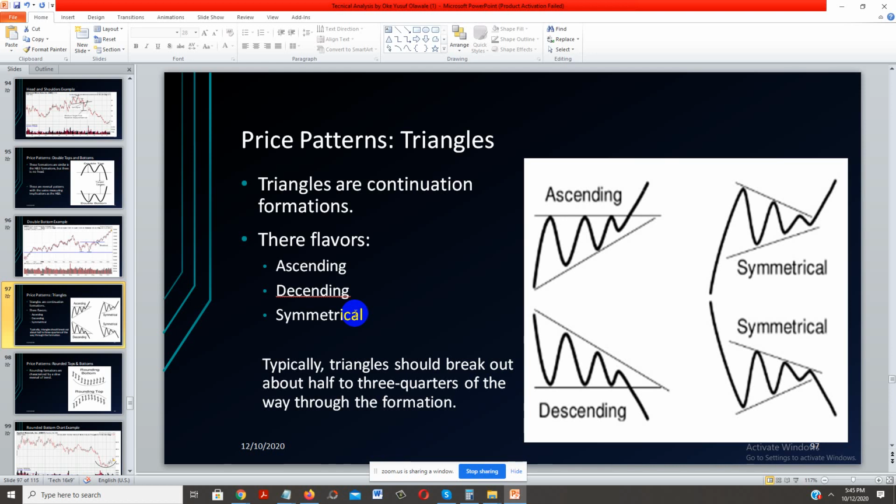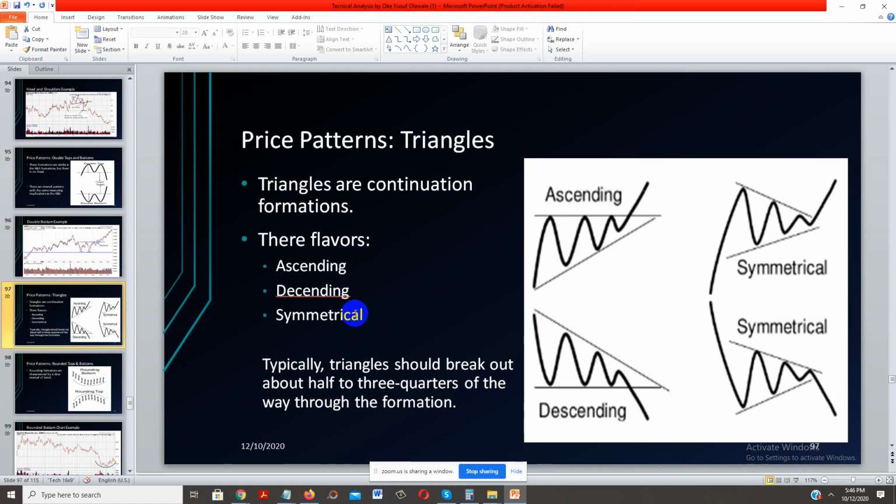Ascending is when it is going up. Usually it prints a higher low, right? Then descending is when it's going down. It prints a lower high usually.